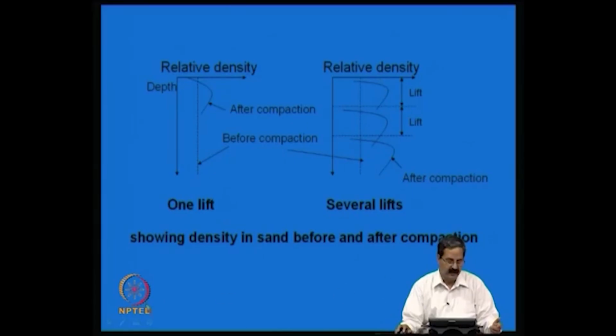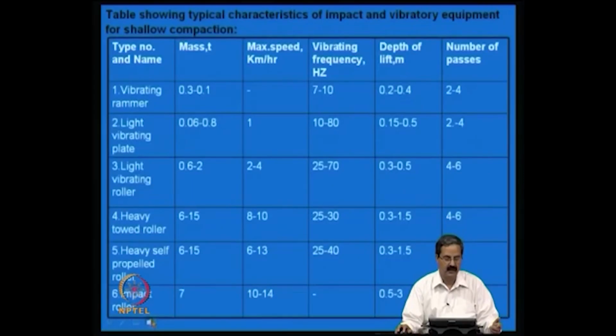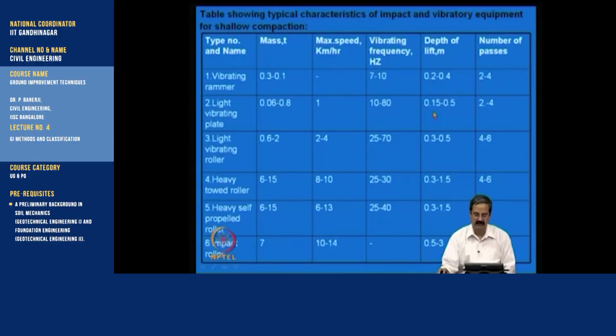In the field it depends on the compaction effort or the type of compaction equipment you have. To give an idea of that, 1, 2, 3, 4, 5, 6 refer to the types that I showed you earlier. These are the respective weights and this is the frequency of those machines, and the depth of lift is given here: 0.2 to 0.4 meters, 0.15 to 0.5 meters, 0.3 to 0.5 meters.